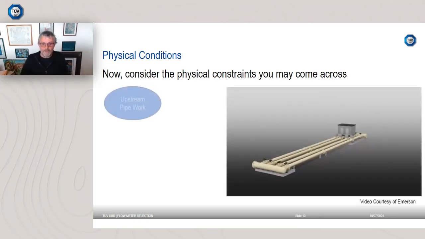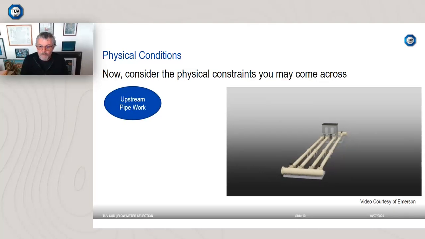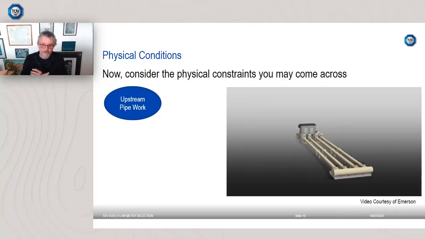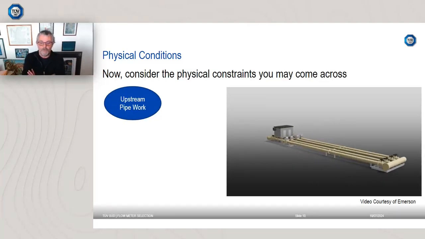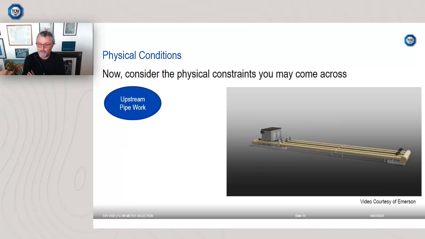So we have to look at things like the upstream pipework. Again, the graphic on the right shows a traditional DP orifice-based system. That requires a lot of upstream pipework, and that might not be suitable, for example, if I'm putting it offshore. But it might be perfectly suitable if I'm putting it in a field in the middle of England or Scotland somewhere.